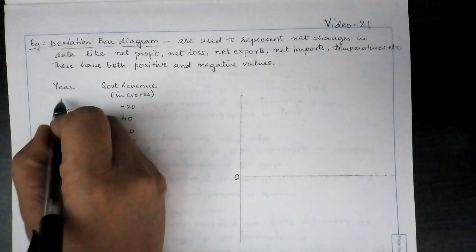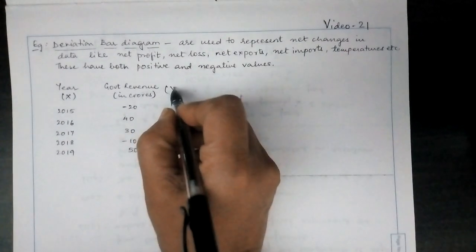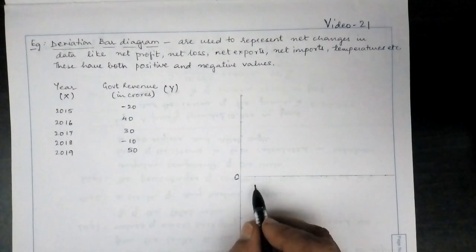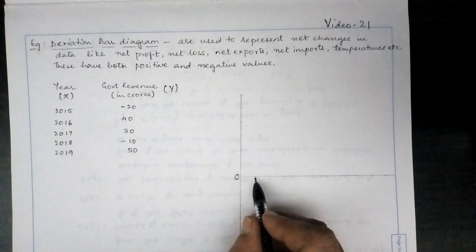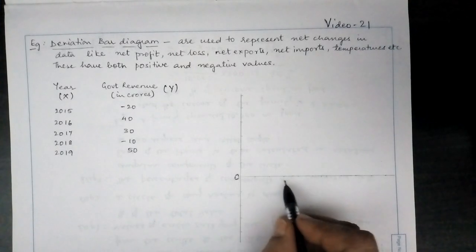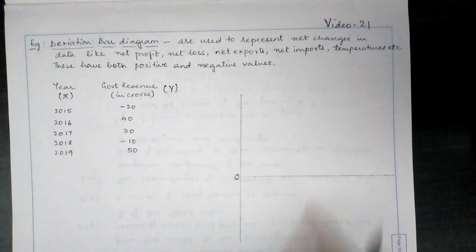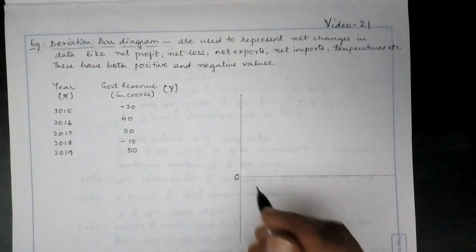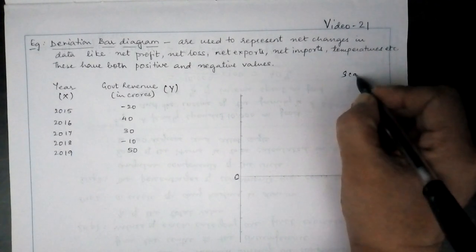Now as we learnt, we will show year on the x-axis and government revenue on the y-axis. So here also we will follow the same method, that if we take 1 centimeter to represent one bar, then we will have to leave a difference of 1 centimeter between two bars. Okay, so that is the method we will continue to follow. So to do that, first we need the scale.